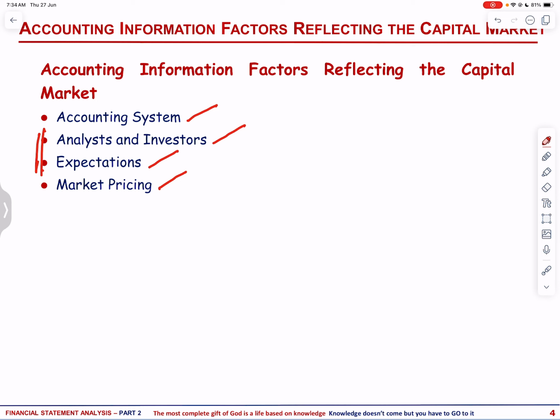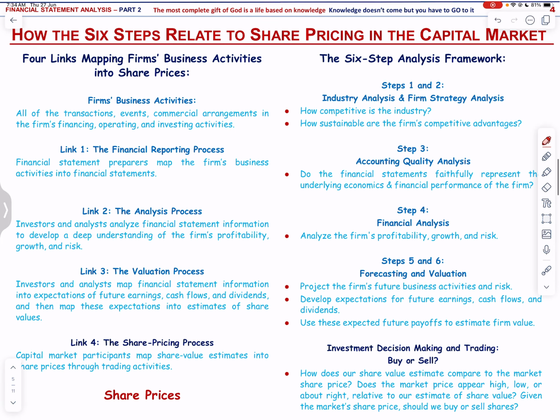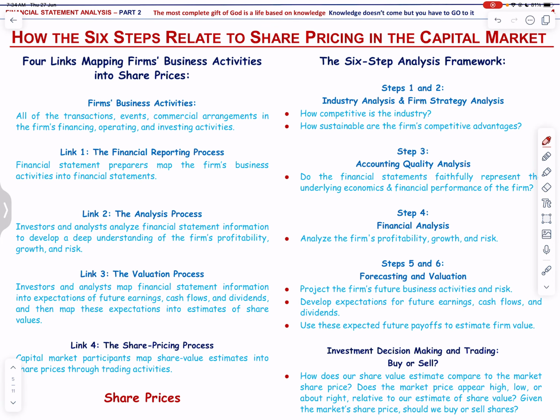Next, let us discuss how the six-step analysis and valuation process captures each of these four links. On the right side, the six-step process is addressed. Understanding industry competition, evaluating the firm's competitive strategy, and how sustainable its advantages are.